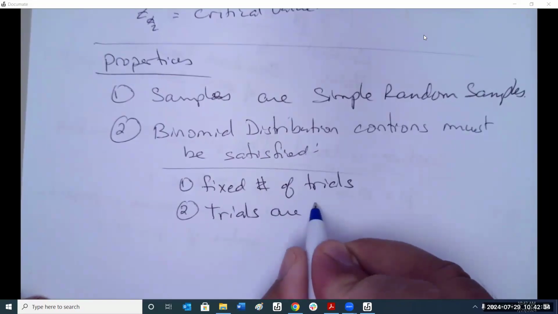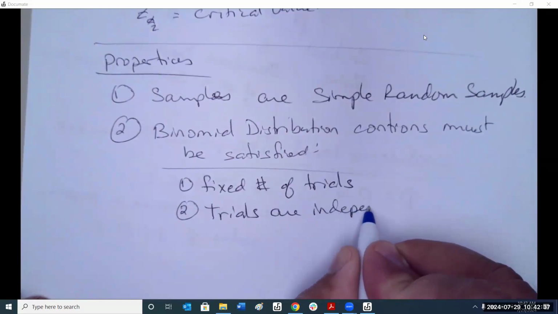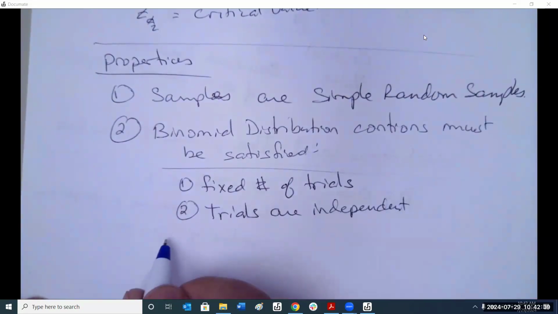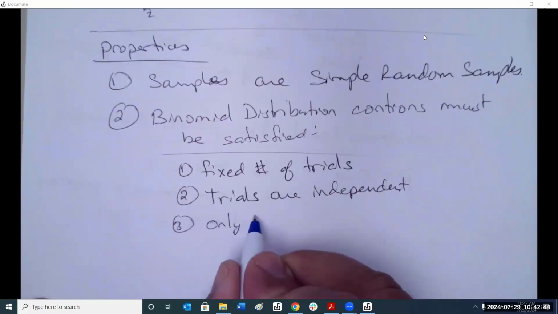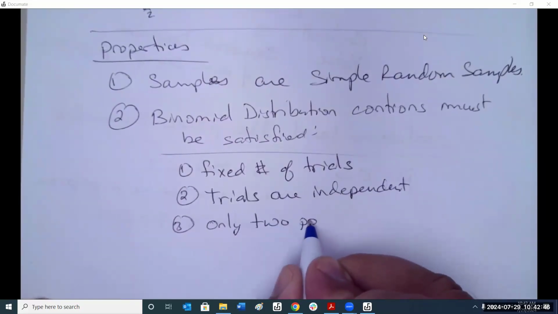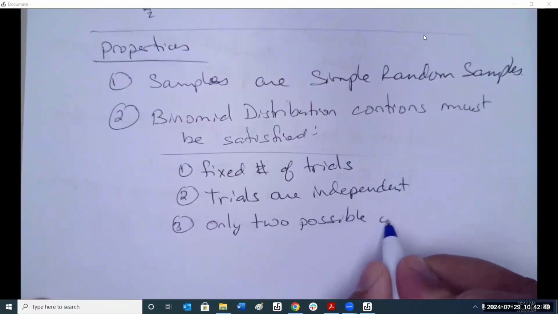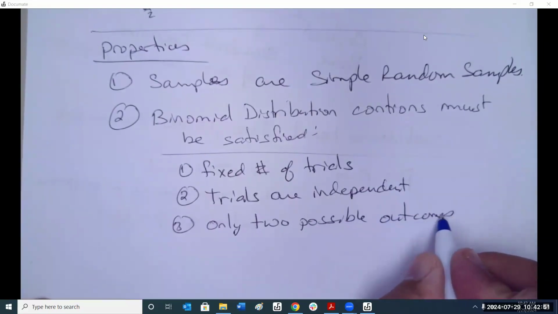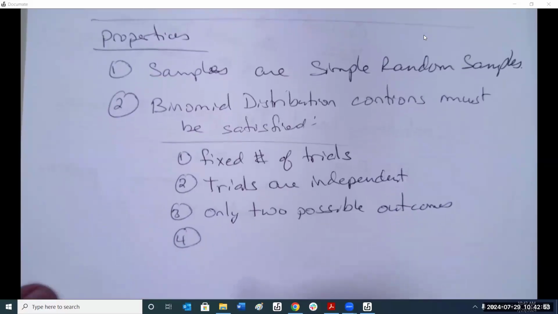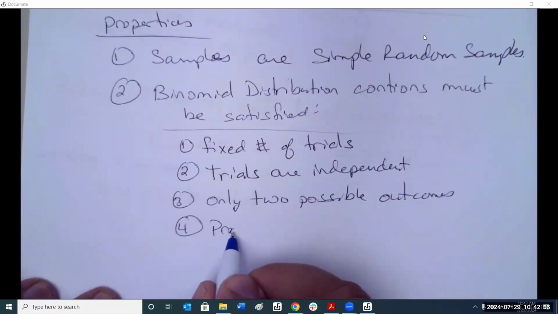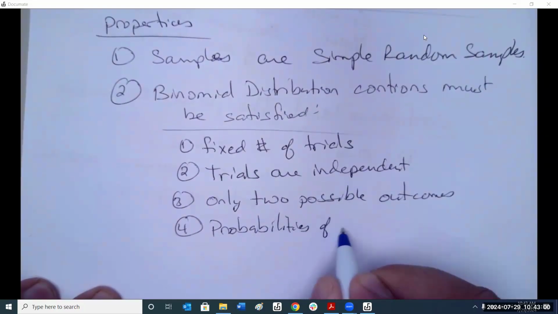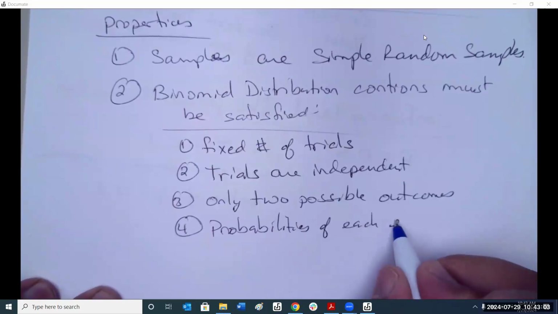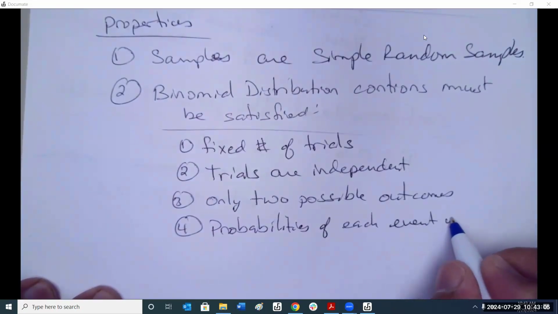Trials are independent. Only two possible outcomes. Probabilities of each event is the same.